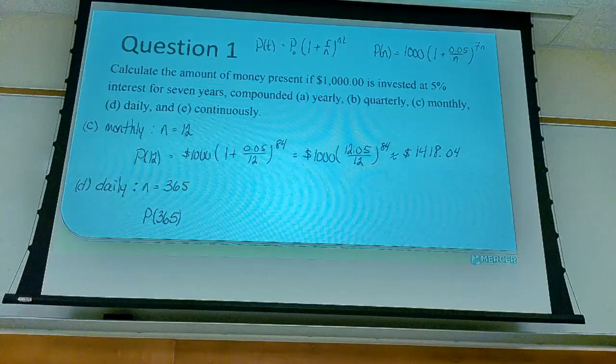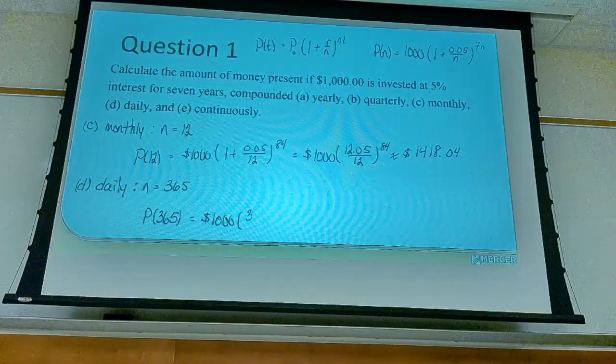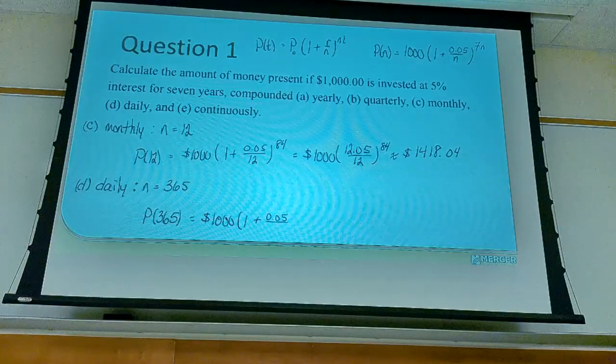That means we want P of 365. What's 7 times 365? It's obvious.